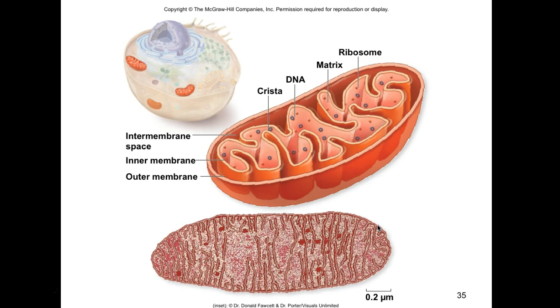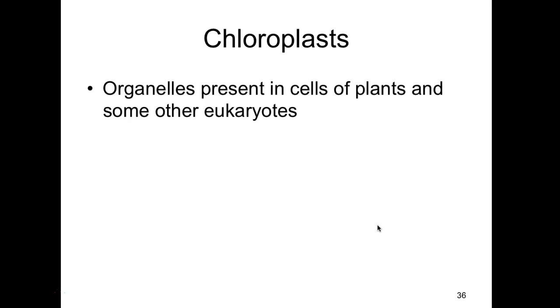So if we look at the mitochondria itself, here is its structure. You could see the cristae, you could see the circular mitochondrial DNA. There are ribosomes in there, inner membrane, outer membrane, the intermembrane space, and of course that inner membrane is folded to form cristae, and ultimately that is going to increase the surface area for certain reactions of aerobic respiration.